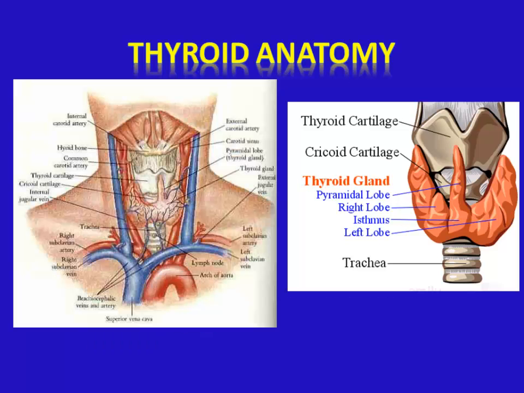If we start with the anatomy, we all know that the thyroid gland is located at the lower part of the neck. It extends from the level of the C5 vertebra down to the level of the T1 vertebra. It's formed of two lateral lobes connected together by an isthmus, and the isthmus lies opposite the second to fourth tracheal ring, and sometimes we can see the pyramidal lobe, which extends toward the hyoid bone.